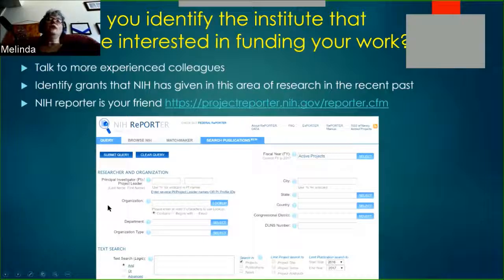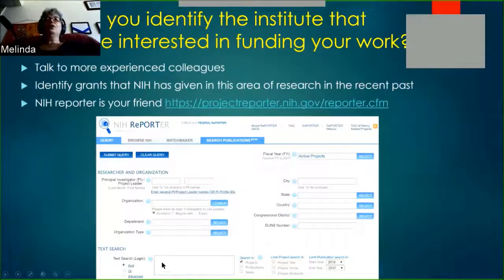Since I'm very involved in Delaware IDeA programs, I often will just put in the state, so I pull up all of the NIH funding held by everybody in the state of Delaware. Or say you worked in New York City and you wanted all the NIH grants held in the myriad of institutions there: you would just put New York, New York, and you'd pick up all the grants that have a New York mailing address.